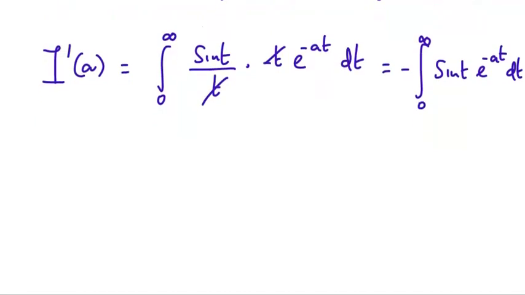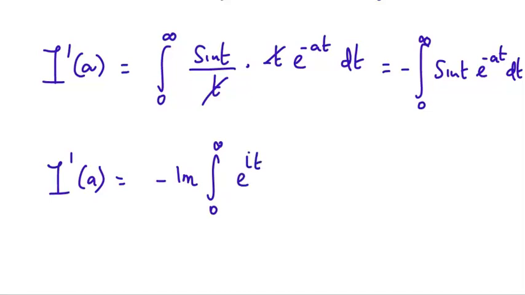We can use integration by parts, but in this case, I'm going to make use of exponentials. So here, we're going to say I prime of a is equal to negative the imaginary part of the integral from 0 to infinity. Here, this is going to be e raised to the power of it.